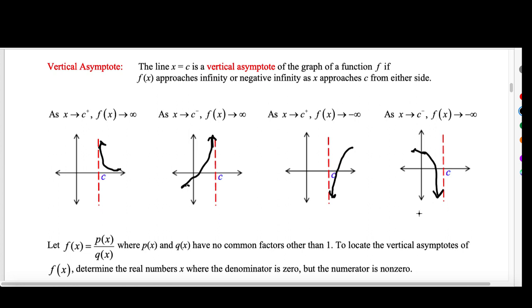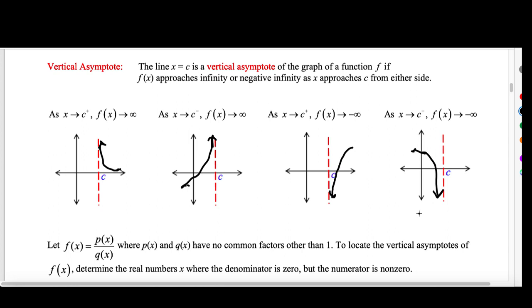When you have just a rational function, how do you identify where the vertical asymptote sits, right? Now, what you'll notice is that the function never touches or crosses the vertical asymptote, right? It gets very, very close, but it never quite touches or crosses.